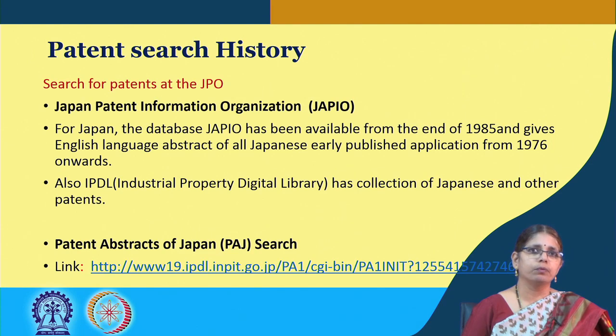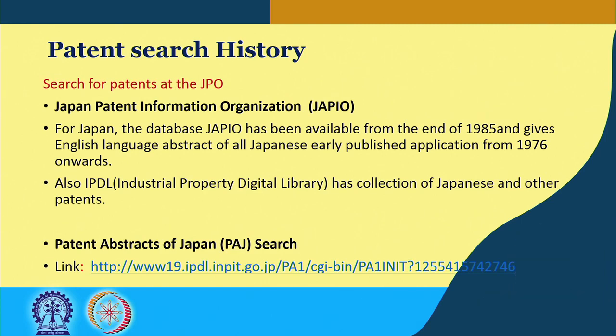And of course, there was also this digital library, which is the Intellectual Property Digital Library, which also had an entire set of collection of Japanese and other patents. And abstracts itself can be searched at PAJ, which is the Patent Abstracts of Japan search. So, each different patent office has a different way of actually cataloging the patents.